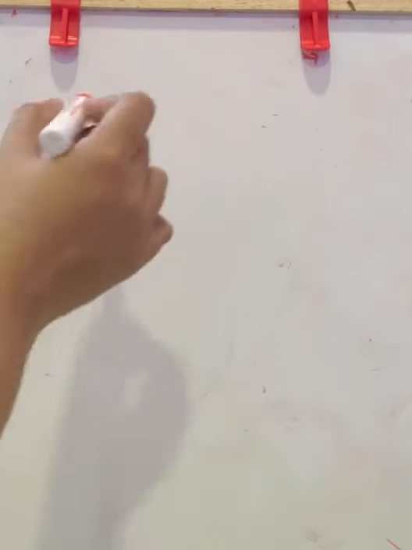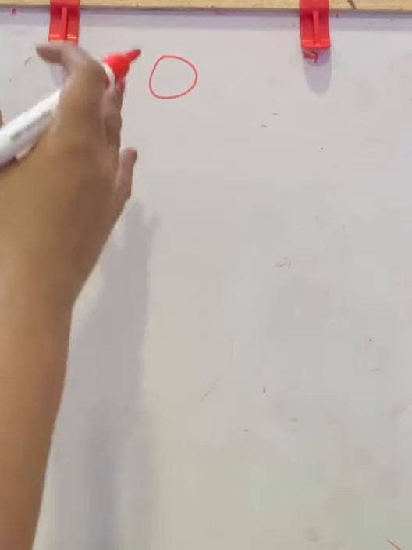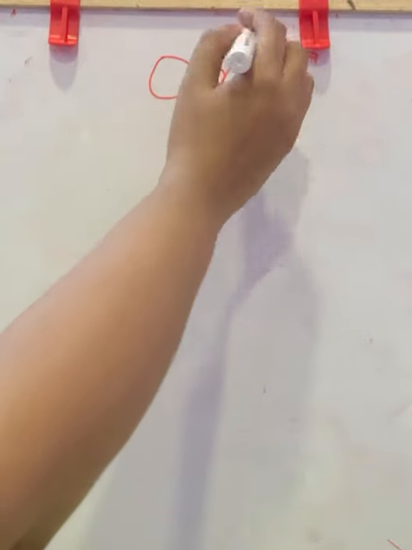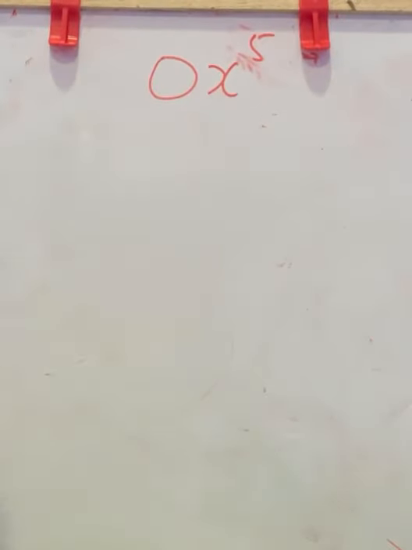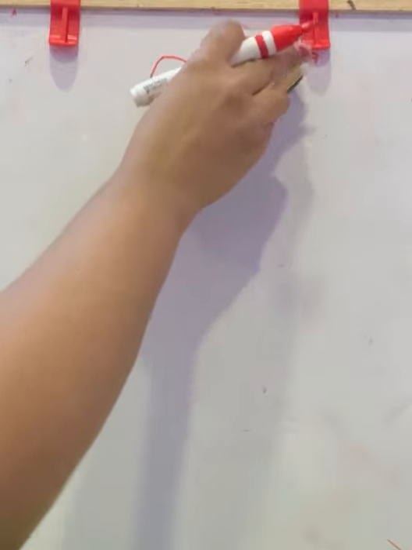Now next is 0 of a 0 polynomial. A 0 polynomial can have any variable along with it. Maybe it is x cube or x square or x raised to 5. Any degree can come along with this 0 polynomial, because we are not sure about the degree, because any number or any power of a number multiplied with 0, the result will be 0 itself.